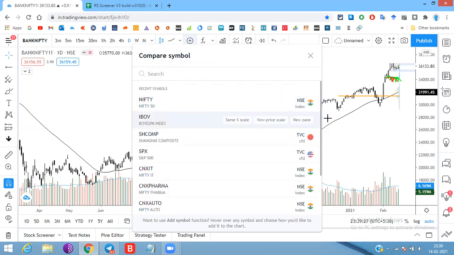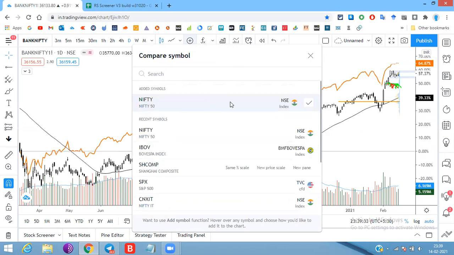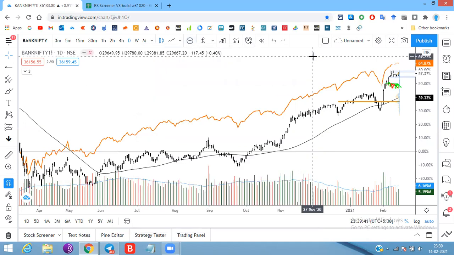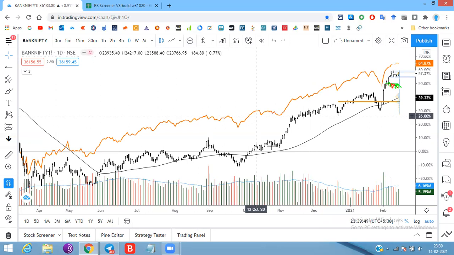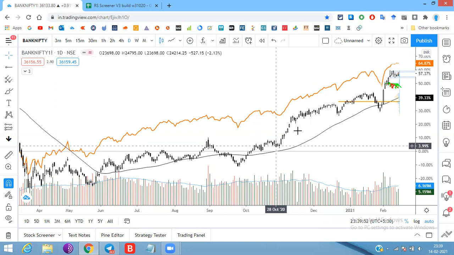Okay. I have selected this. This is the denominator. So if you want to analyze the numerator by the denominator, the denominator is this orange line and the numerator is this price action line.